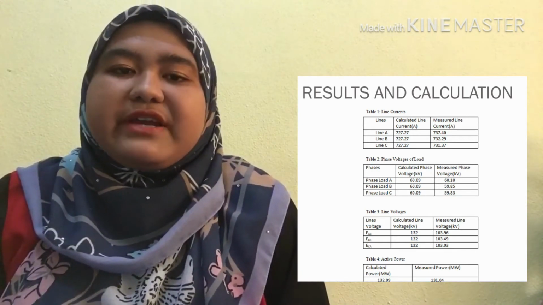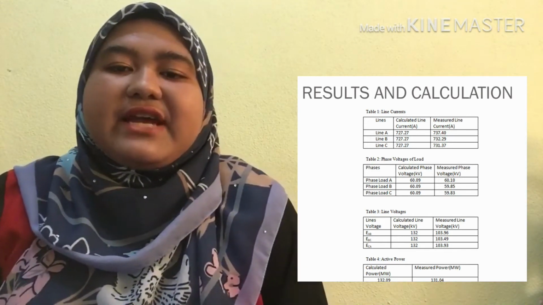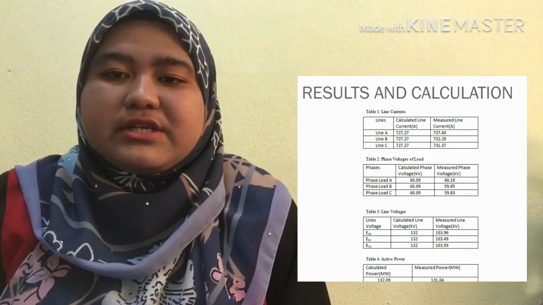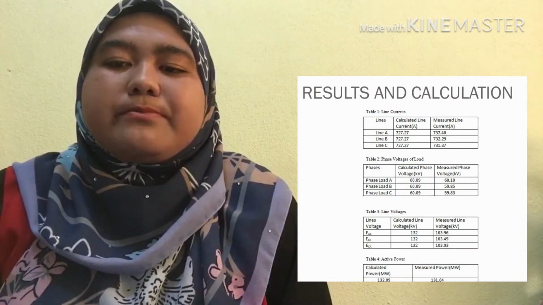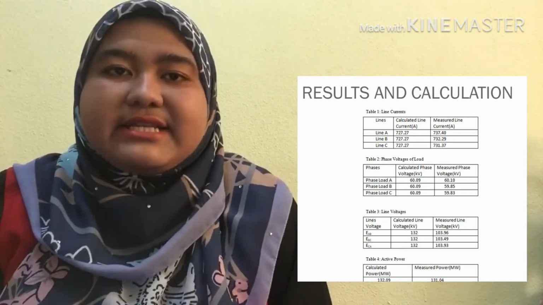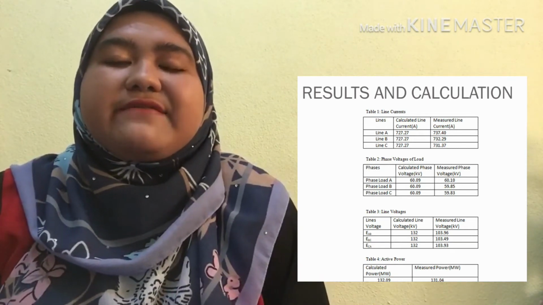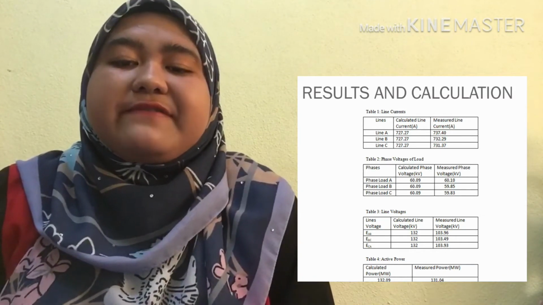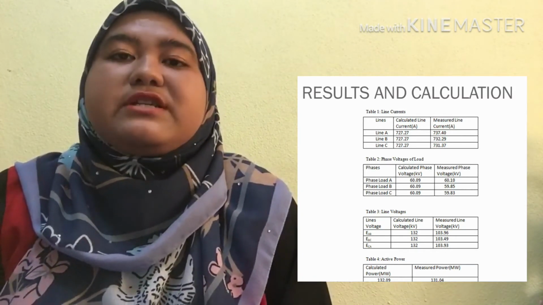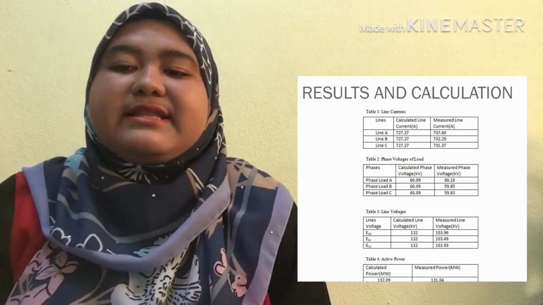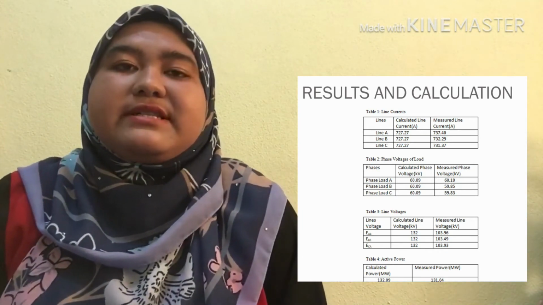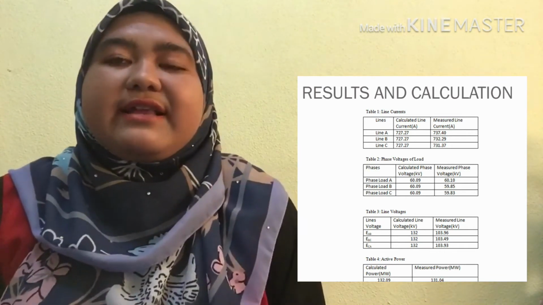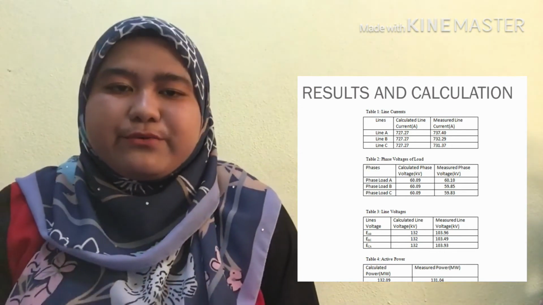According to the observation, the measured phase voltage is slightly less compared to the calculated phase voltage of the load for the three-phase load B and load C. For load A, it is different, where the measured value is greater than the calculated value.